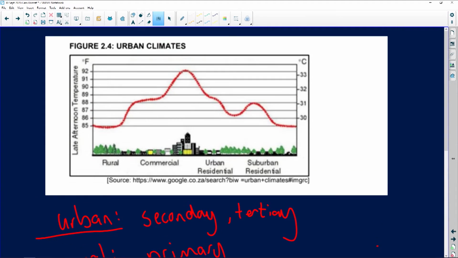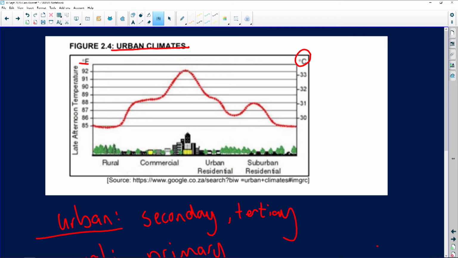Okay. But what's important over here, if you look at this urban climates, they've highlighted this on a graph. Now, please pay attention to your X and your Y axis. Obviously, they mentioned Fahrenheit over here. We don't use Fahrenheit in South Africa. We prefer to use the measurement of degrees Celsius.